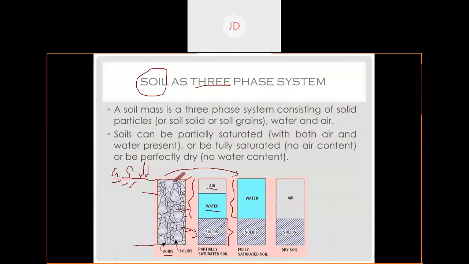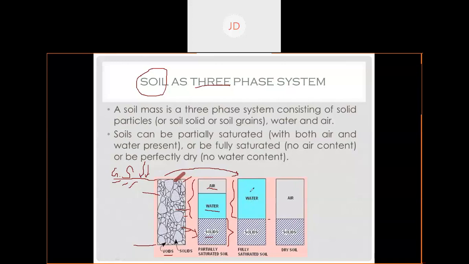The depth of the solid will remain the same, because the volume and weight of the solid cannot change for a particular cross section. So there is no change in volume or weight of solid. This is the case of the rainy season.